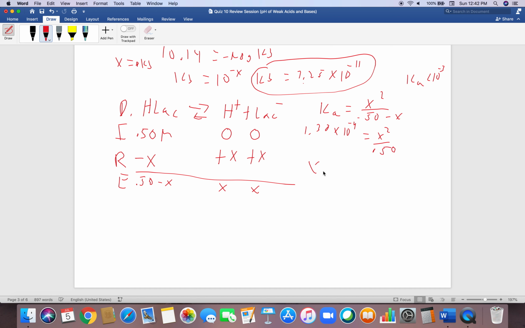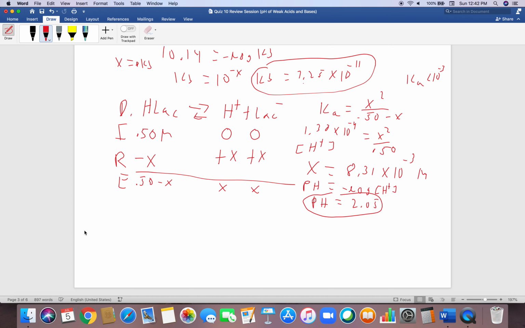So X is going to equal 8.31 times 10 to the negative third molar. Now this is also our hydrogen ion concentration. So we can get the pH from this, and that's going to equal the negative log of the hydrogen ion concentration. So the pH would equal 2.05.